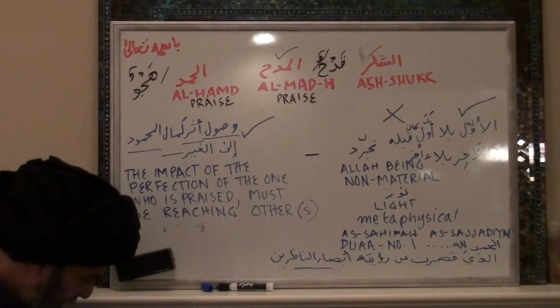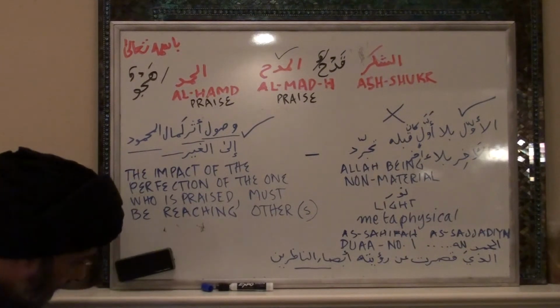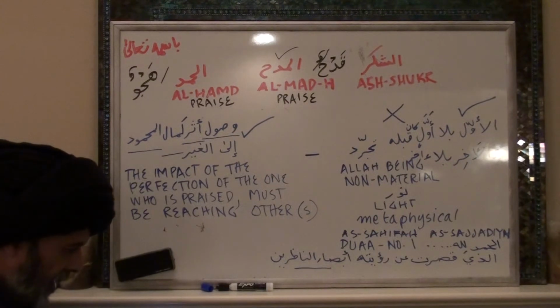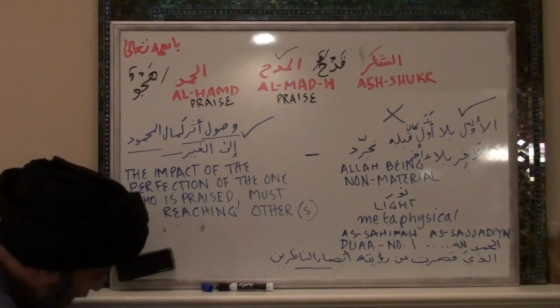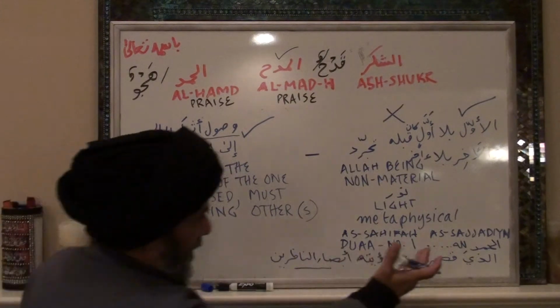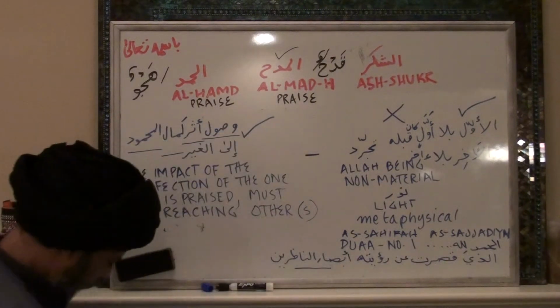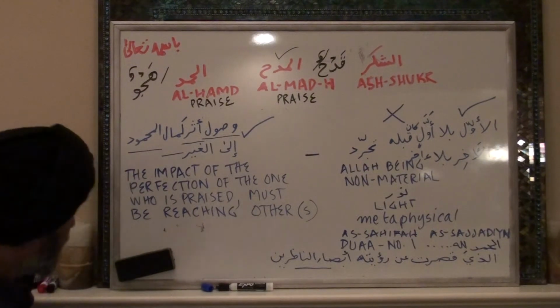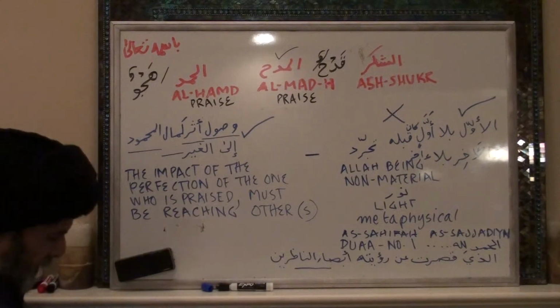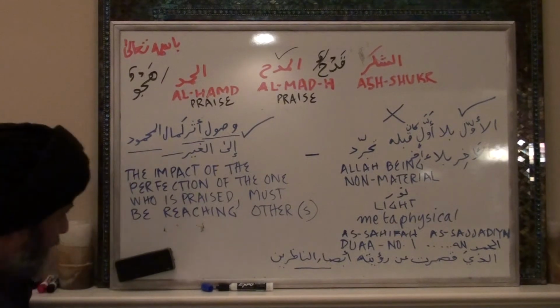And the impact of none of those things reaches anyone other than Allah. And Imam Sajjad alayhi salam is praising Allah on all of those. Alhamdulillah. That's how he starts the dua. So this is where the hamd comes in, on things whose attributes of perfection have no impact on others.